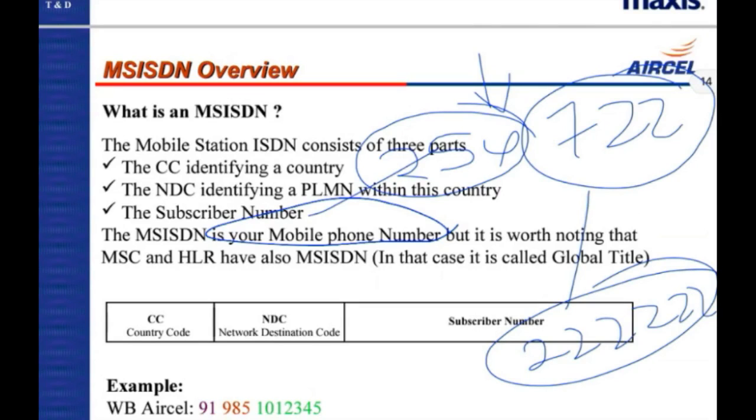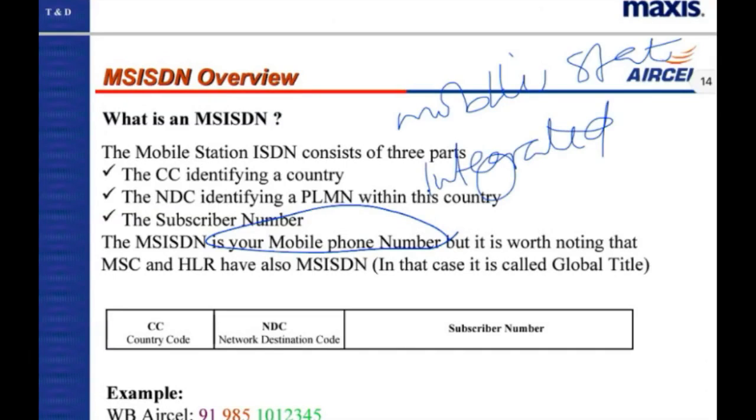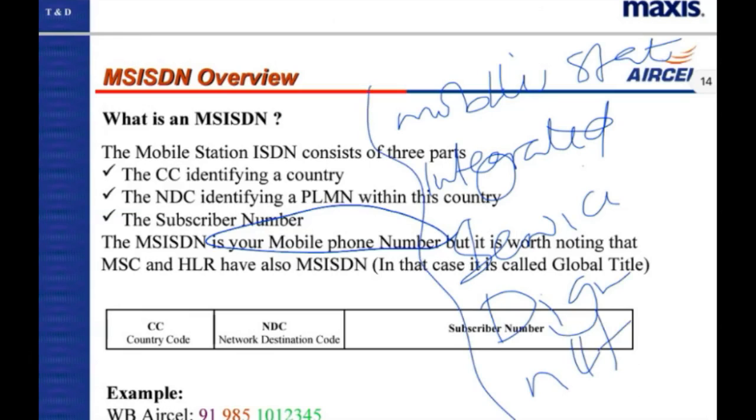The MSISDN stands for what? Have we said that in this section? Mobile Subscriber Integrated Services Digital Network. That is something you can confirm. I am not saying that is the rule, but if it is, then we agree it is.